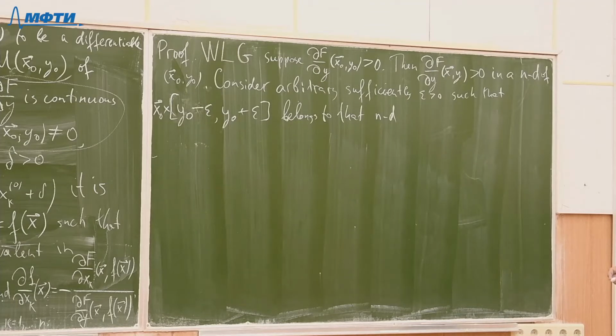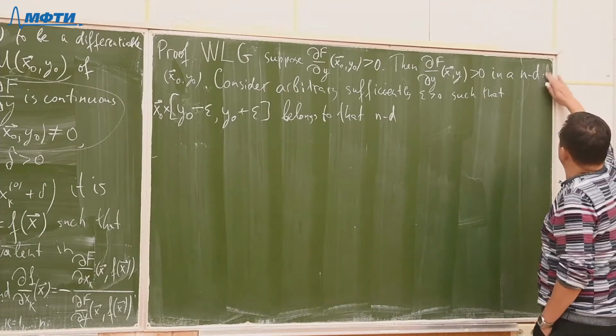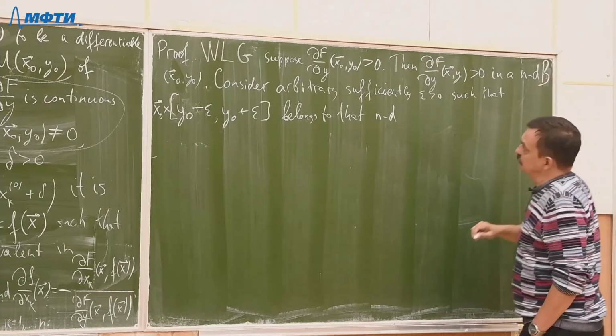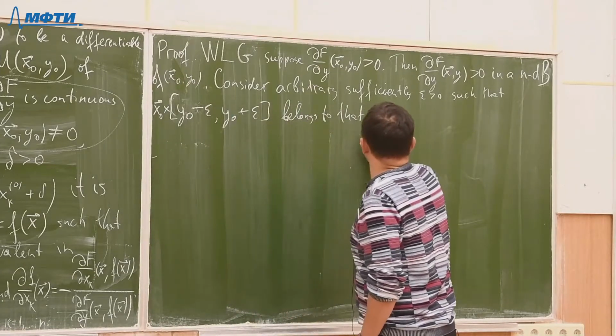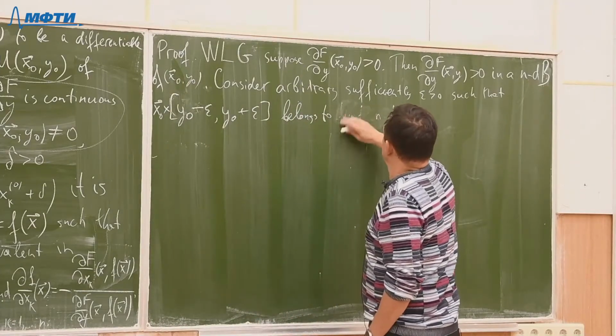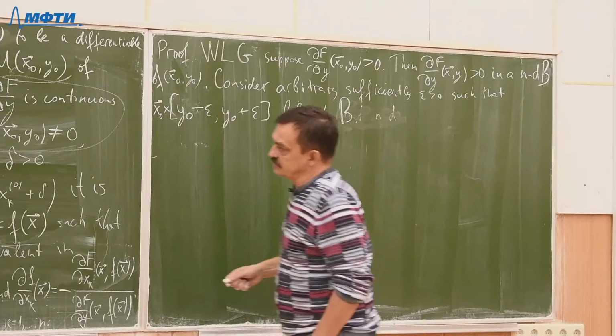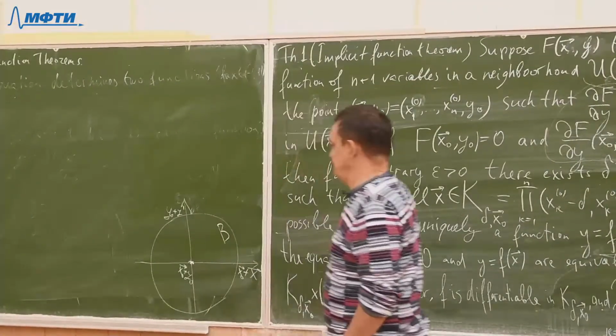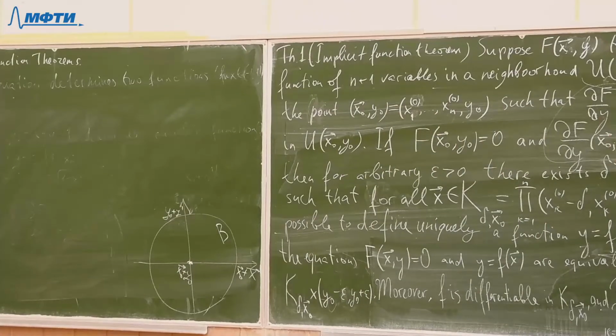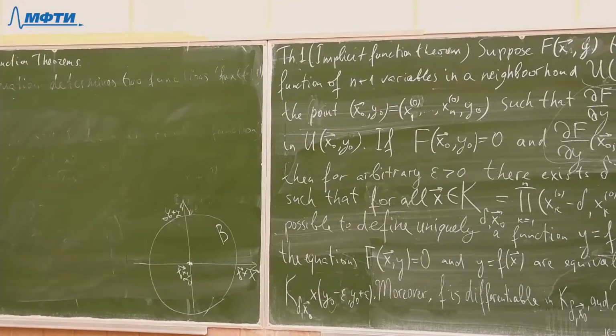Let it be capital B of our point. And so that is precisely our B, right? That is precisely our B.